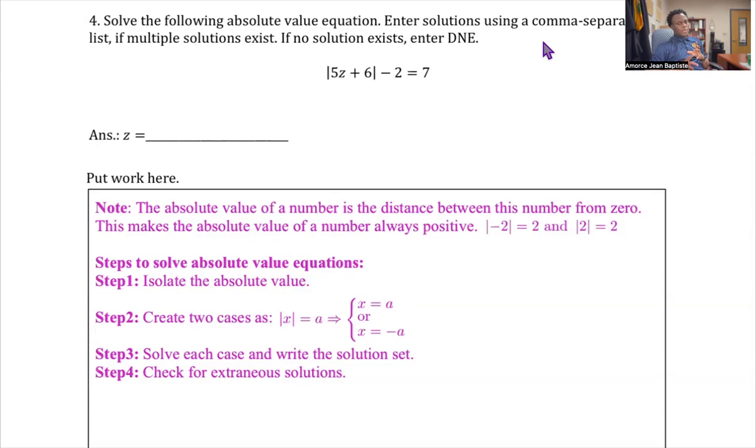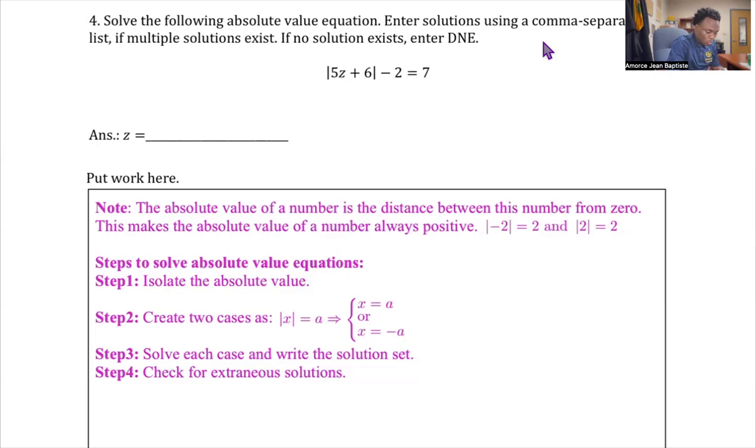We should remember that the absolute value of a number can be either the actual number or the opposite of that number.